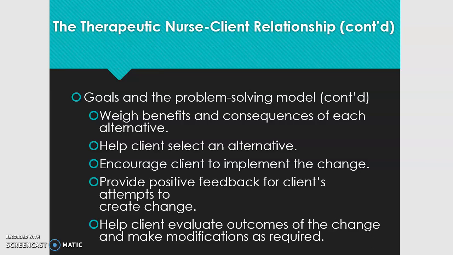So they need to do some critical feedback, and you're going to also provide feedback for them on the things that they have attempted to try to change. And you're going to give them positive feedback when they make positive changes and meet some of those goals. And then you're going to need to help them look at what's happening, what are the outcomes, evaluation of any of the changes that they've made. Okay, so you're going to help them, but they have to do it.